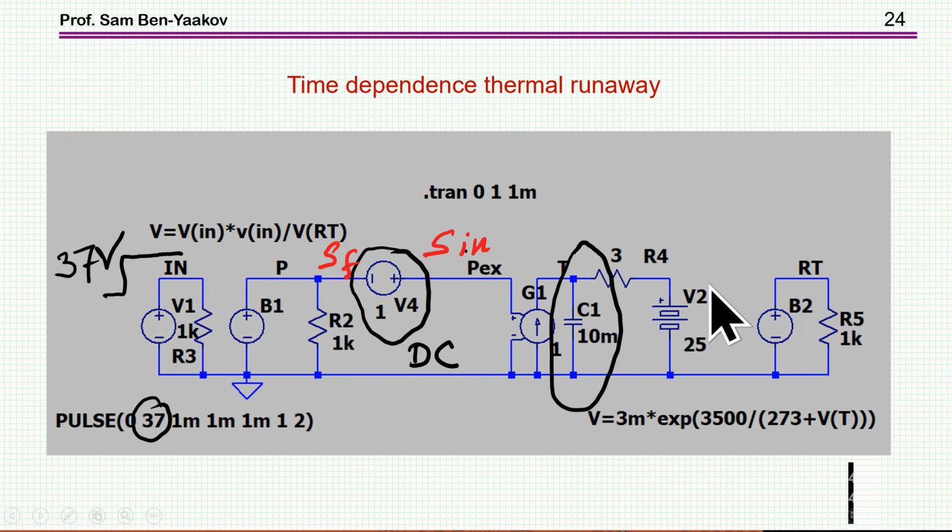Now, let's see how the system behaves when I have a large thermal capacity and I have just a constant voltage here, okay? So I'm not running a ramp here. This is a constant voltage. This is going to be a step function.